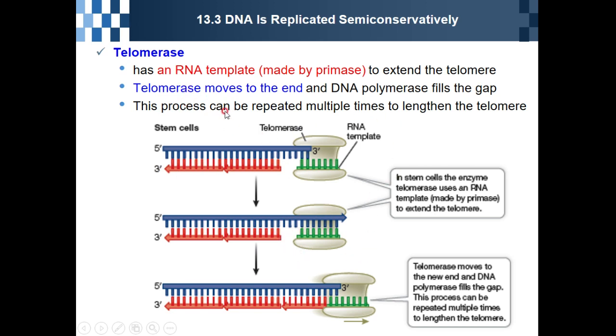So telomerase moved to the end. At that time, DNA polymerase synthesizes DNA here and also here, from the 5' to 3' direction. This process can be repeated multiple times to lengthen the telomere region.